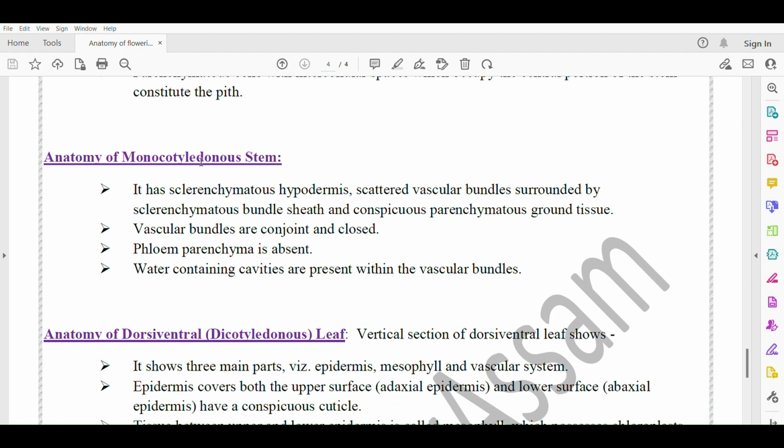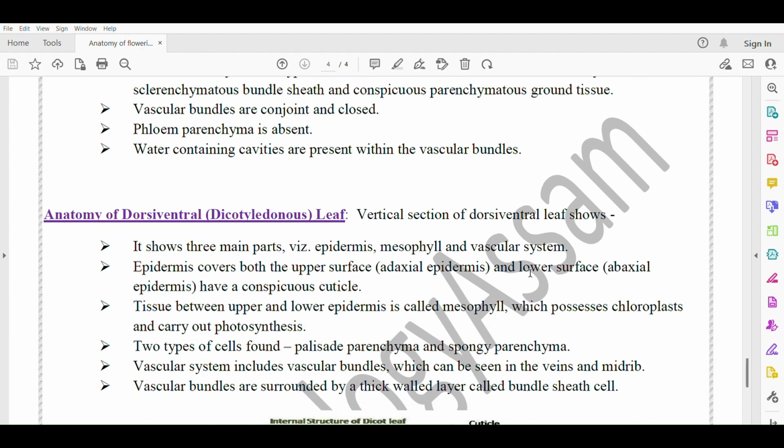Anatomy of monocotyledonous stem: it has sclerenchymatous hypodermis, scattered vascular bundles surrounded by sclerenchymatous bundle sheath, and conspicuous parenchymatous ground tissue. Vascular bundles are conjoint and closed. Phloem parenchyma is absent. Water-containing cavities are present within the vascular bundles.